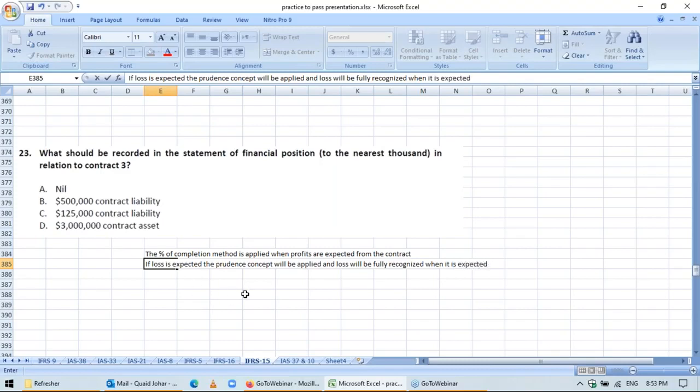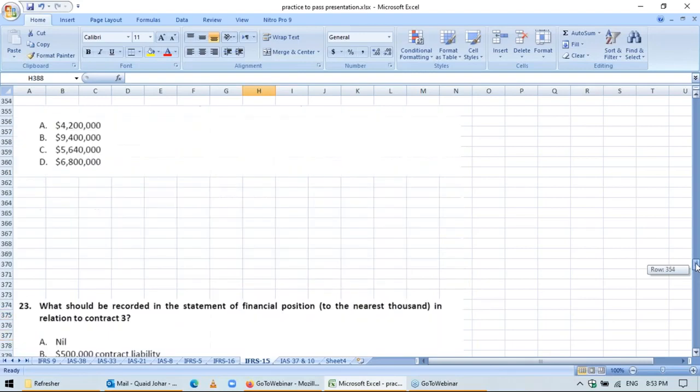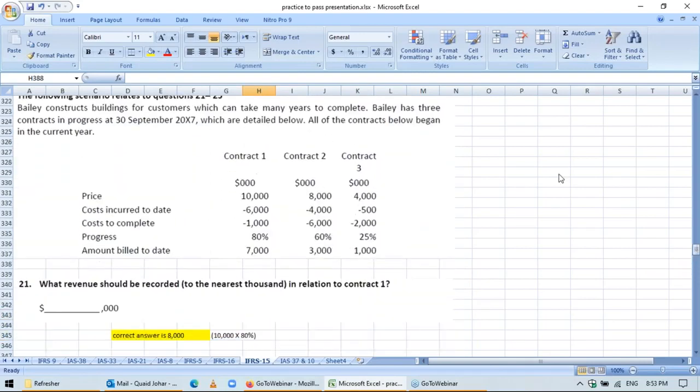So in case of losses, we won't wait for the percentage of completion. We will recognize the full loss immediately. Okay, so in this case, let me make you analyze the situation. Loss is expected in contract 2.